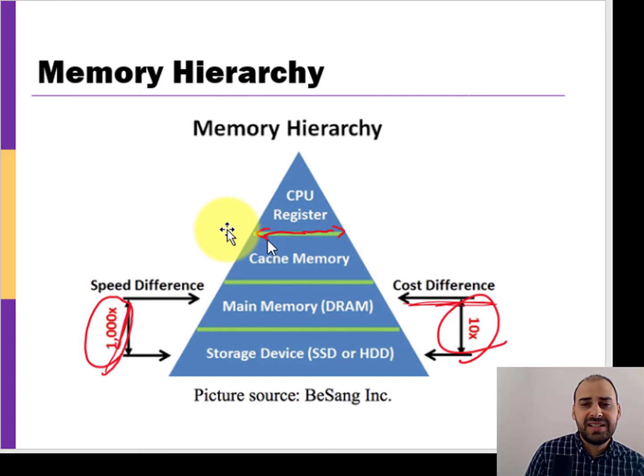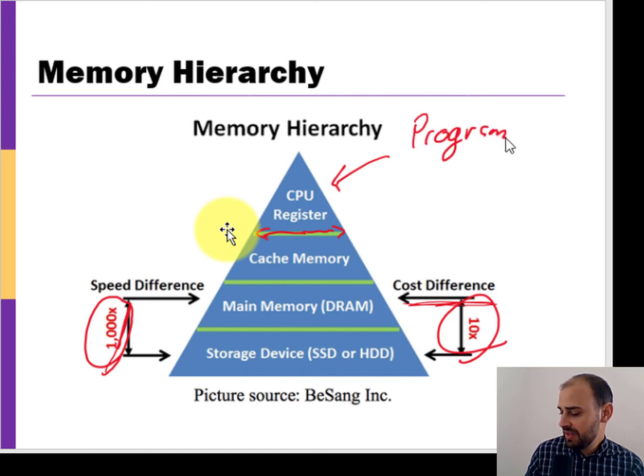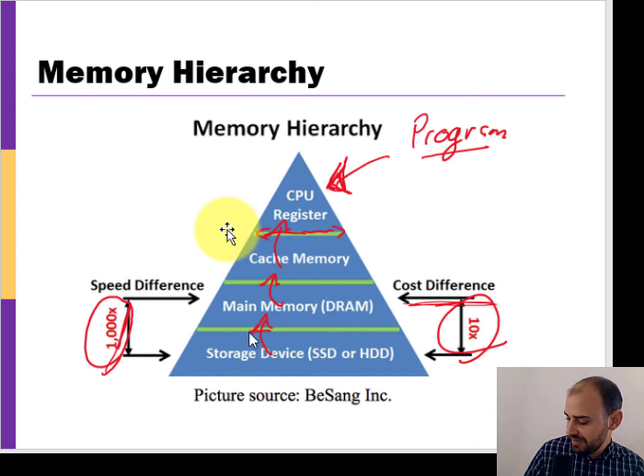Now the key is to maximize trade-offs. That is the number one key when it comes to the memory hierarchy. So if we're running a program that needs access to data, which they all do, the goal here is that the program is accessing the CPU registers, and that data that it needs is propagating up the memory hierarchy, preventing the program from having to wait significant periods of time.